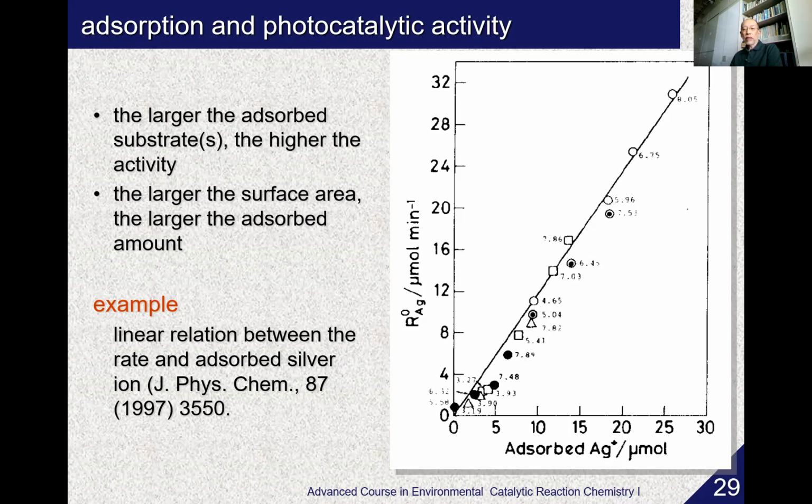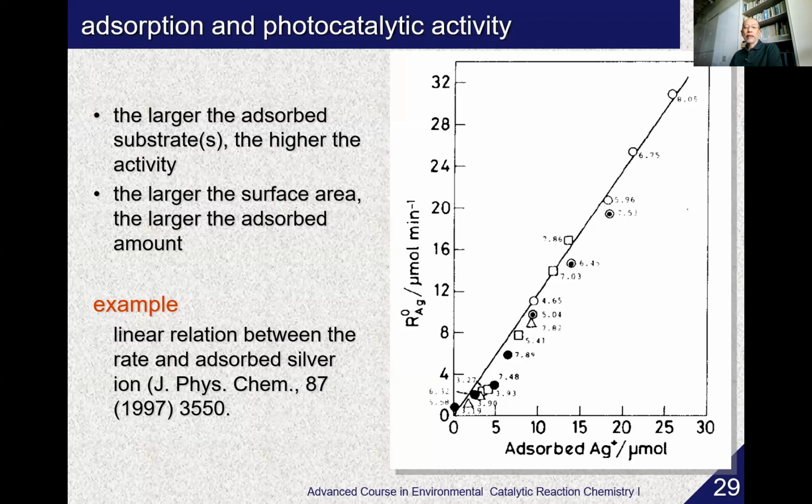Here, the small numbers, the highest one, 8.05, is the pH of the reaction. By changing the pH of the solution, the amount of adsorbed silver ion was changed. But the total overall reaction rate depends only on the amount of silver ion on the surface, not on the concentration of the solution.